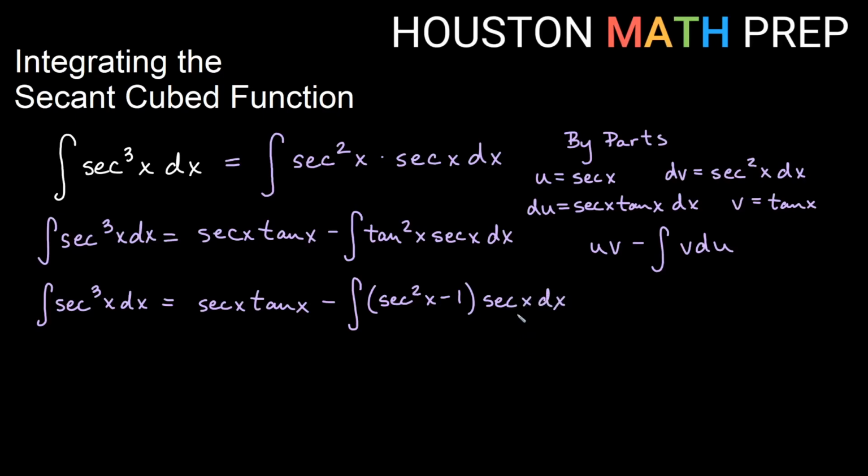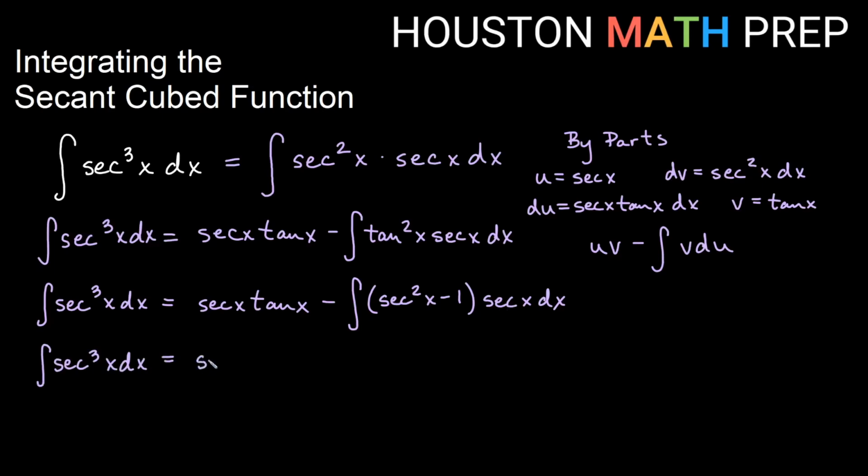And now what I'm going to do is distribute my secant x in here. It looks like I might be trying to save it as part of du, but now I have everything in terms of secant here, so that's not the case. So I'm going to distribute that, and we'll keep working through this.